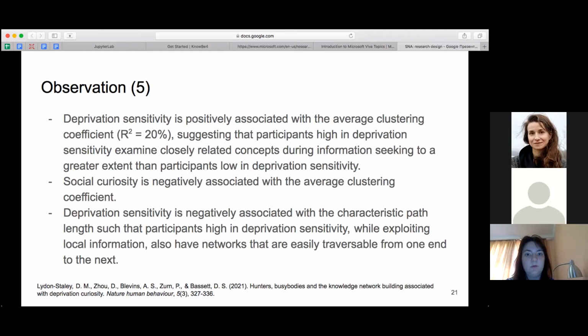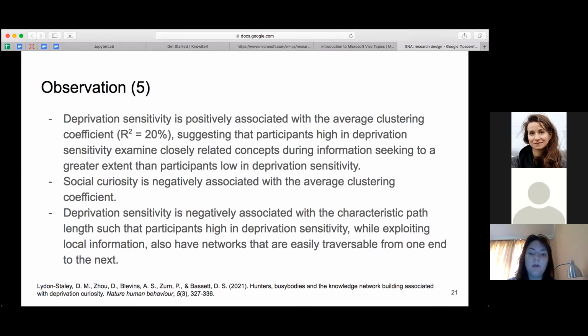So in their model, they described 20% of the variance. And they also found that social curiosity is negatively associated with the average clustering coefficient. I also said about it before.